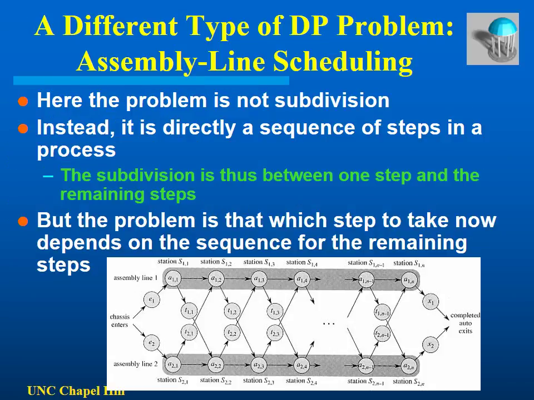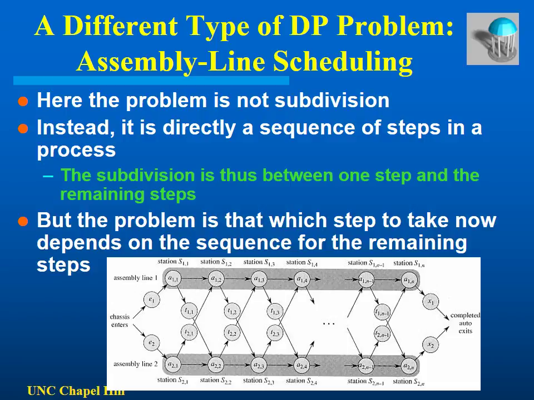The problem in this type of situation is not where to subdivide. There's already a subdivision. It's between one step and the remaining steps. But the problem is that for each step, we have to decide what that step will be. And the challenge is that the overall global solution will depend on the whole sequence of decisions that we make.